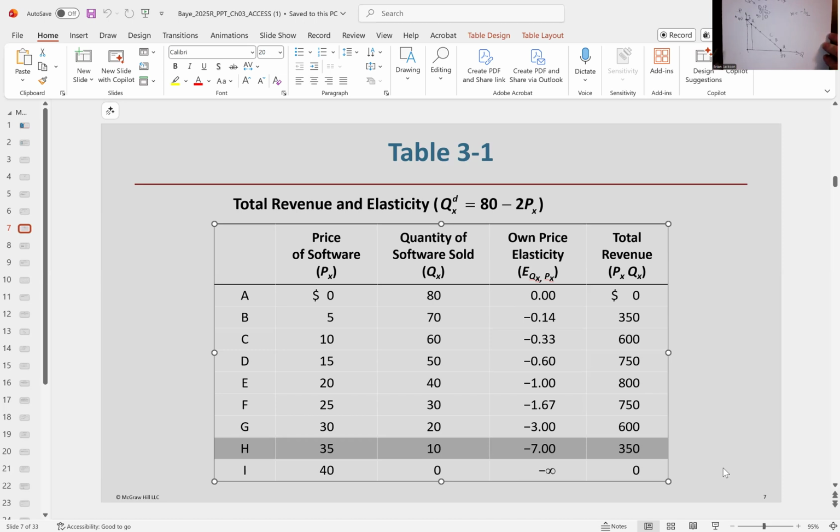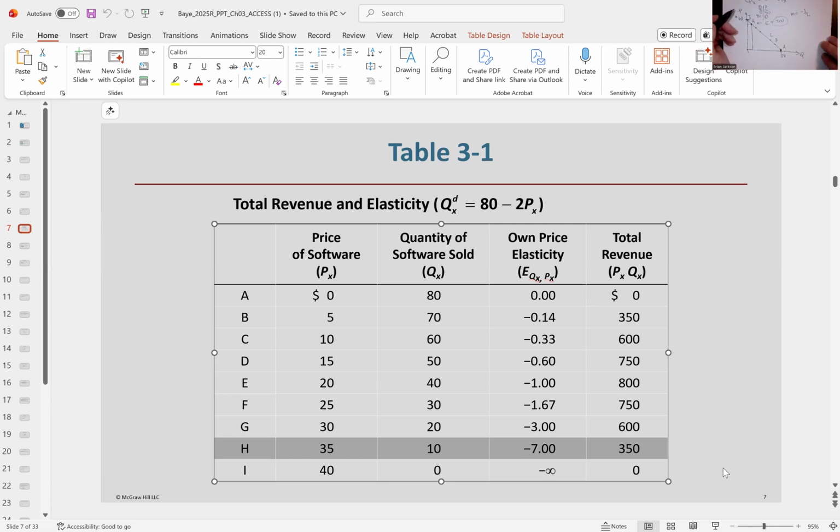Notice it's very price elastic in this region. Up here, they tell you the price elasticity of demand, I'll just say E for that, is 7.00. It's got a negative in front of it. But the point is, if you look at the absolute value, that's much greater than 1. Very price elastic good.